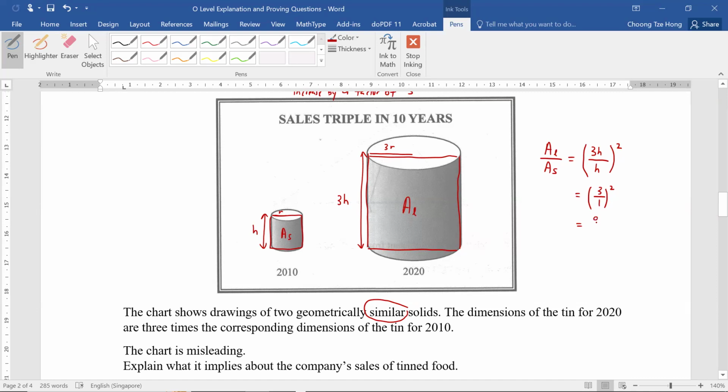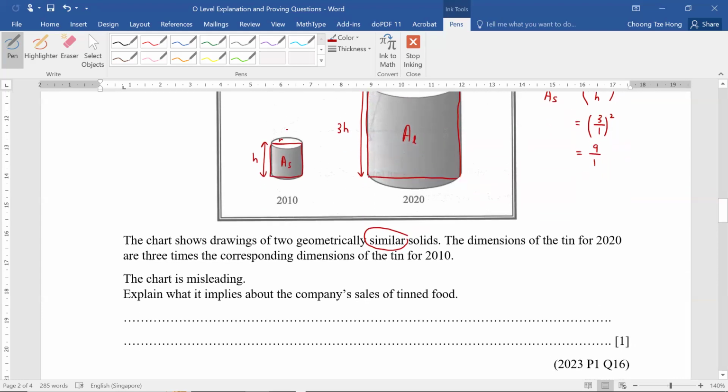If we work it out, it will be 9 over 1. So at one glance, when people look at it, they immediately form the impression that in 2020, the sales has increased by 9 times because the area is now almost 9 times bigger. This will be the impression that it gives people.